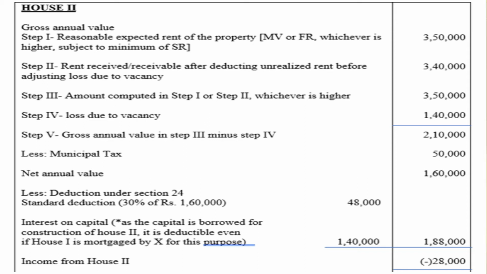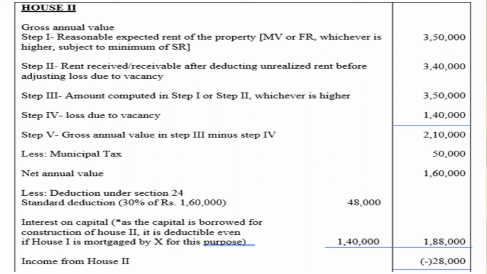From here we have to deduct the municipal tax, which is paid by the landlord and also borne by the landlord. It is deducted on payment basis. So 50,000 is deducted. We get the net annual value as 1,60,000. From net annual value, there are two deductions available under section 24.